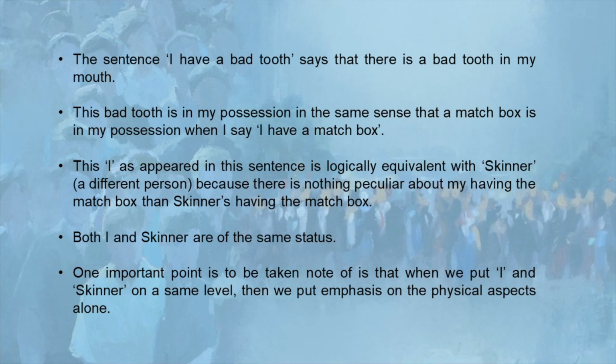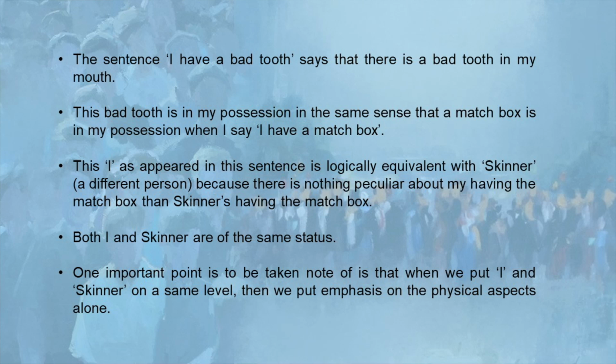This particular I, as approached in this sense, is logically equivalent with Skinner, a different person, because there is nothing peculiar about my having the matchbox than Skinner's having the matchbox. Both I and Skinner are of the same status.